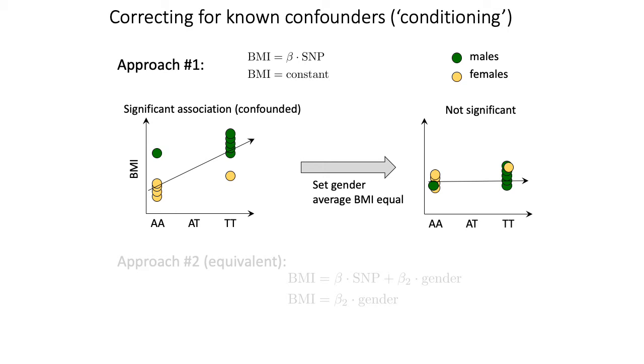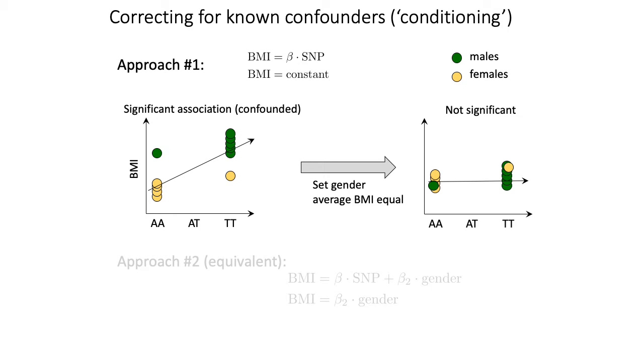And furthermore, if males have significantly higher BMI than females for reasons other than genetics, for example because of diet, then the TT individuals will have a much higher BMI than the AA individuals. So when you draw your line of best fit, you're going to get a positive slope. And therefore, the association test is going to tell you that the T allele is strongly associated with increases in BMI. But this is a false association.